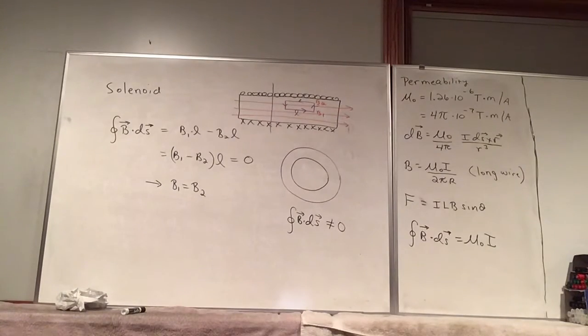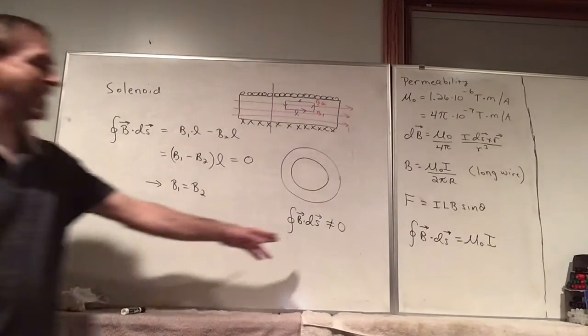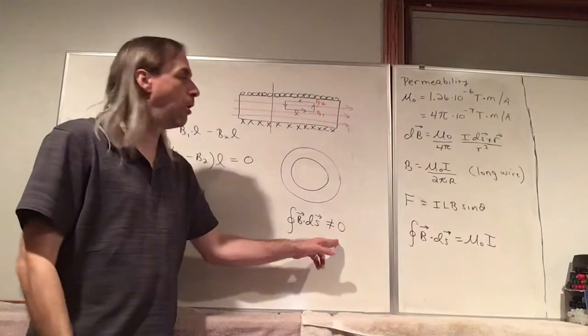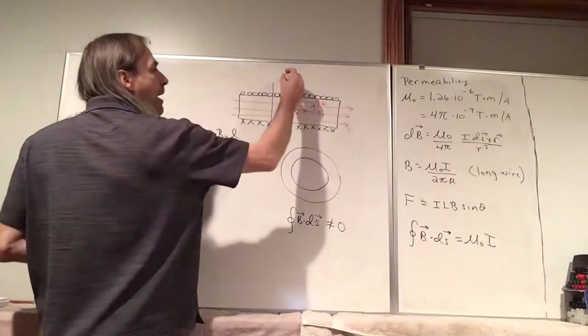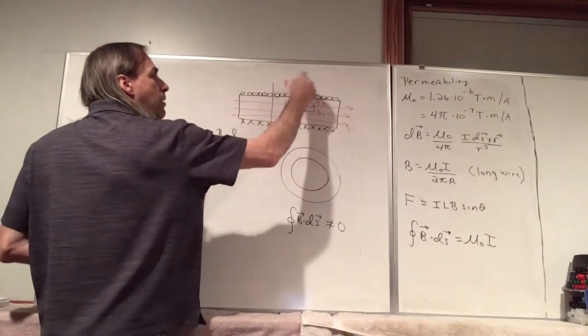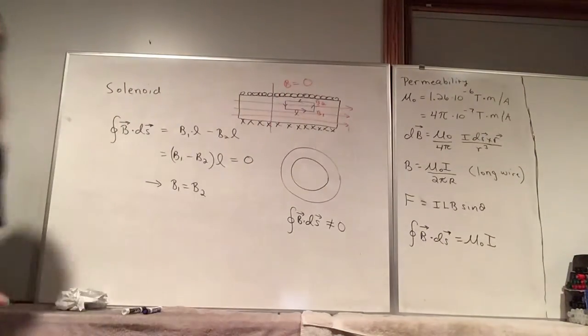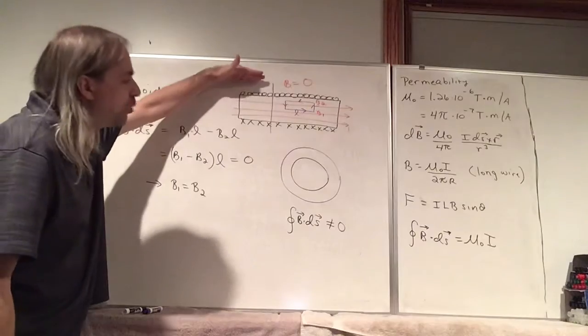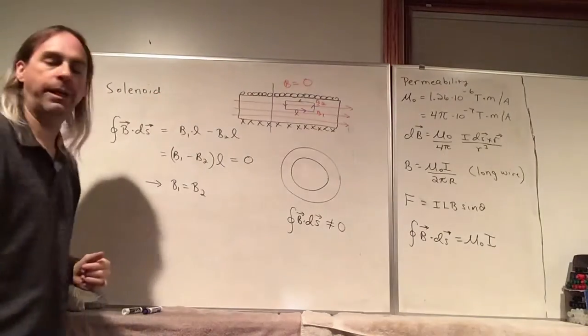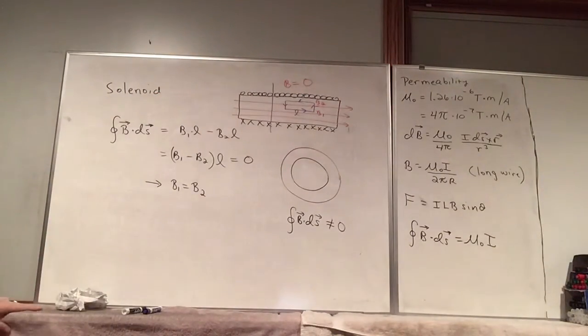And so, even though it's not zero, it is very small. And it's small enough that we're going to state that the magnetic field outside the solenoid is zero. So again, a little bit of an approximation, but in practice, it works just fine. The magnetic field is much weaker outside compared to inside, so we can just disregard it.